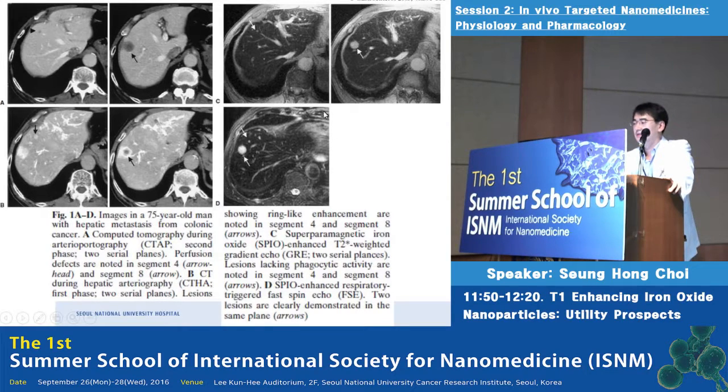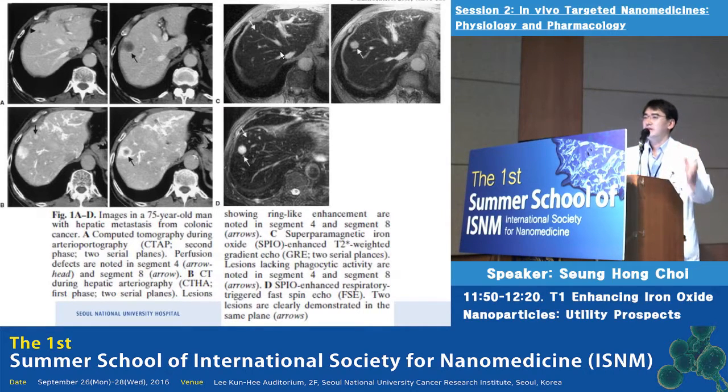These images are from the same patient with metastasis of colon cancer, and you can see high signal intensity here and here and here. Actually, after injection of SPIO, the normal liver parenchyma has a large amount of Kupffer cells. They are a kind of macrophage.